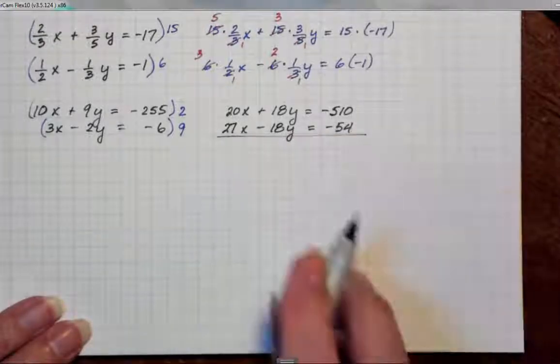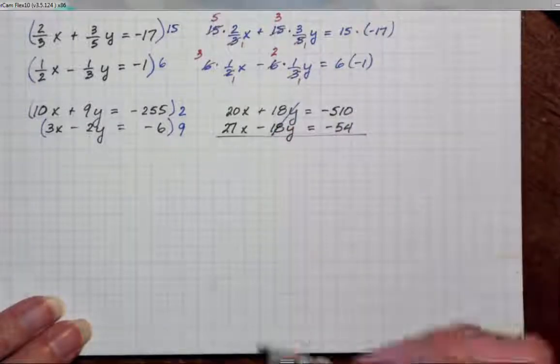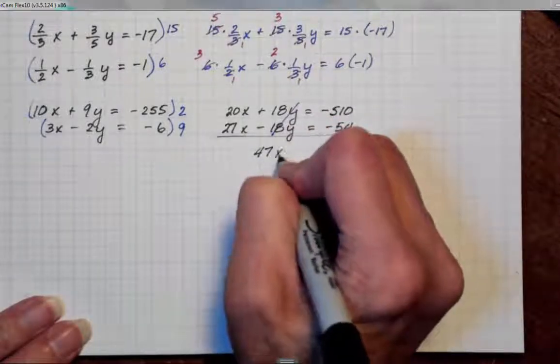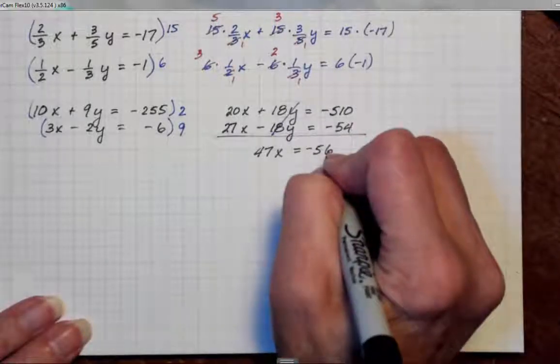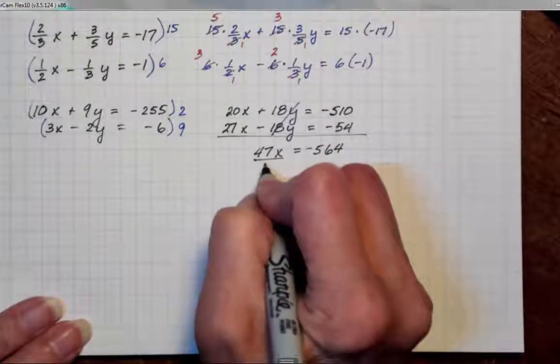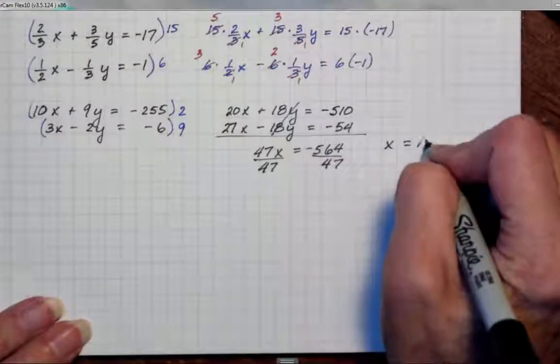Now I can add, and when I add, I'm going to eliminate my y's, and I'm left over with 47x equals -564. Dividing both sides by 47, I end up with x is equal to 12.